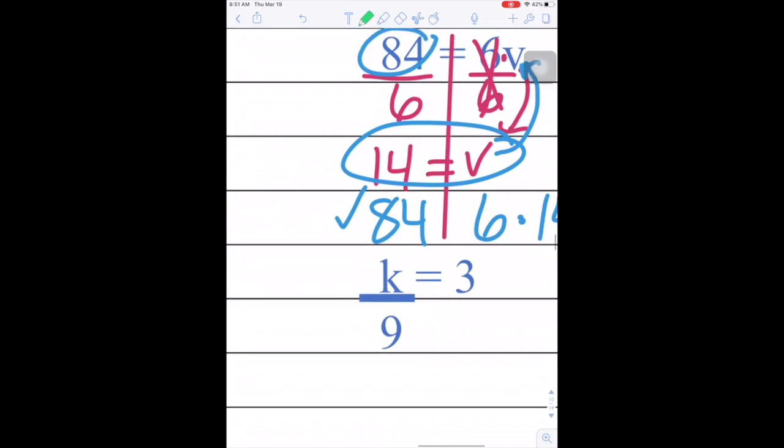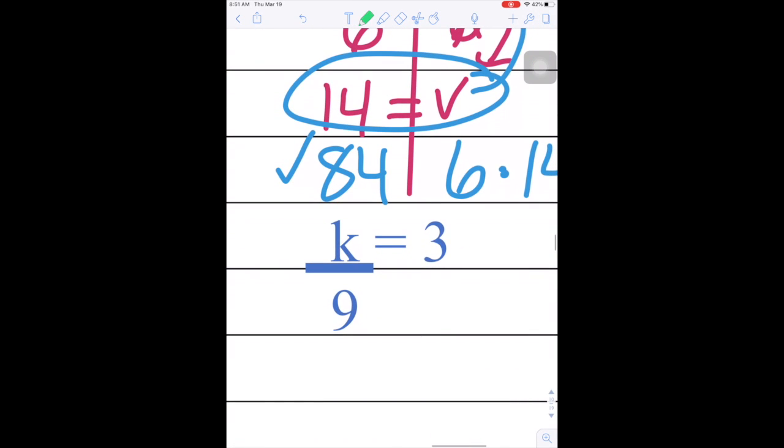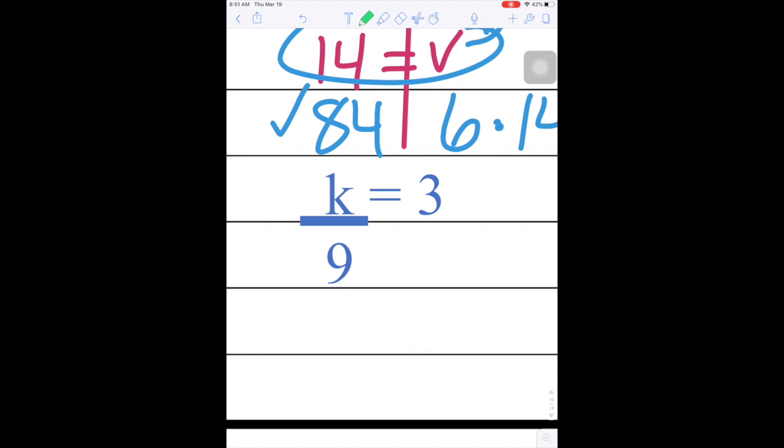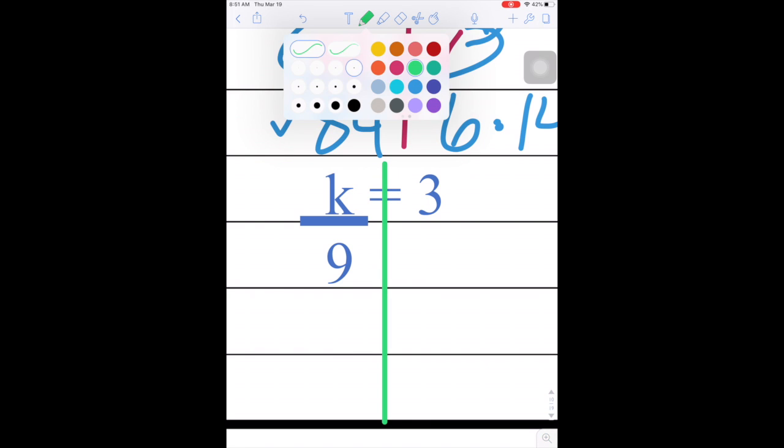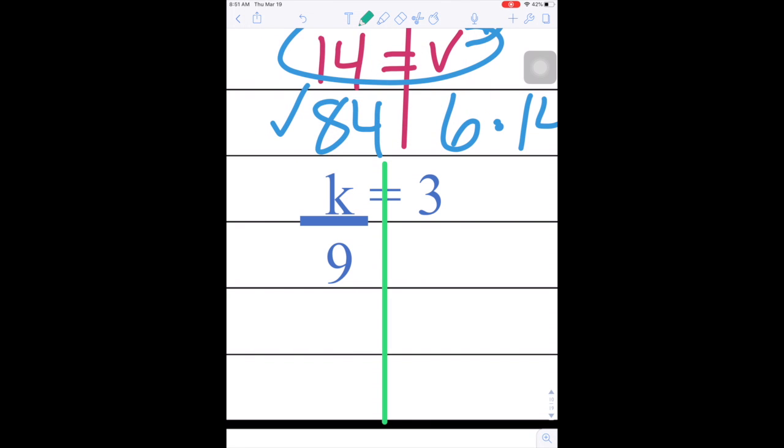Okay, last example problem. I know your page is getting really full now. Line down the middle. So on this side, I'm going to times by 9, times by 9.